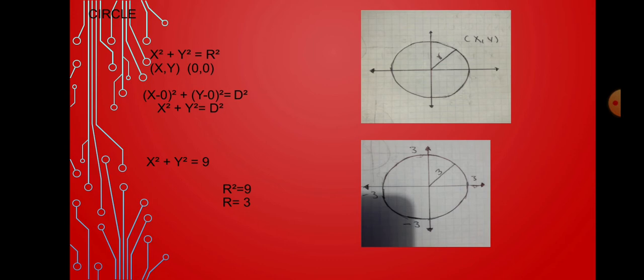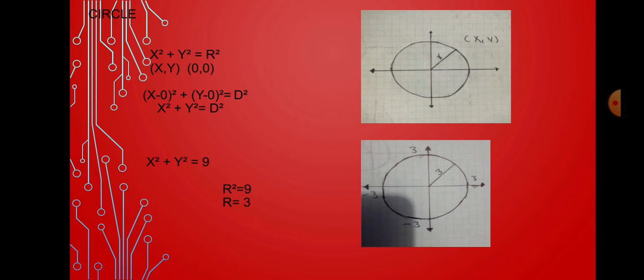So this is my x minus 0 squared, which is x squared, and we add my y minus 0 squared, which is y squared, and this is the distance squared.